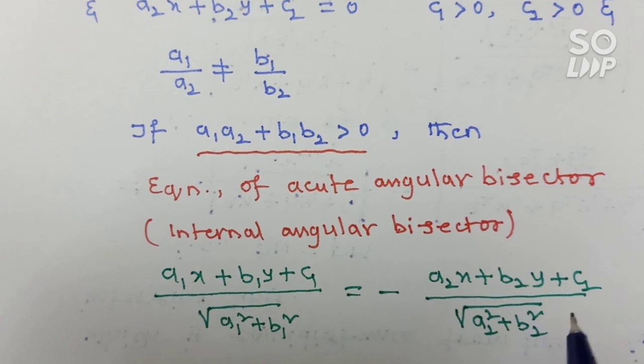This one is the acute angular bisector or internal angular bisector.